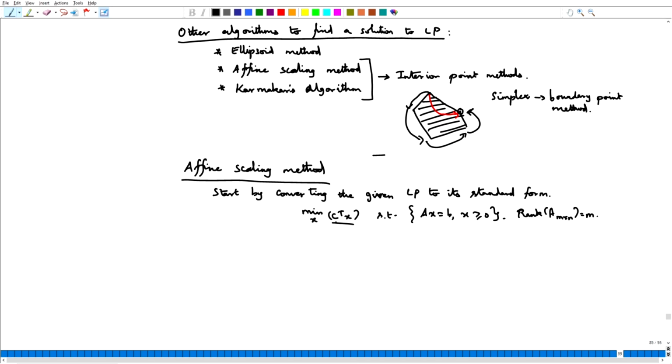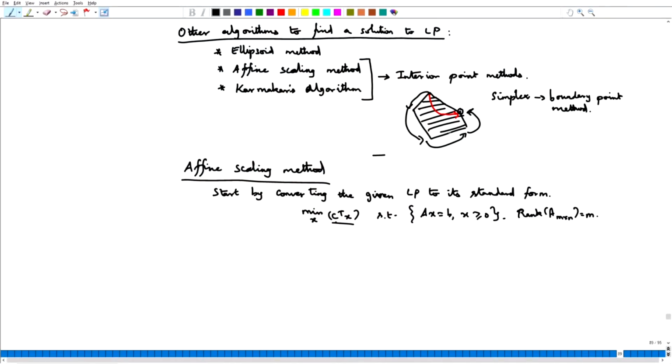Wait a minute. Okay. So, yeah, if it was that easy, it would not have taken so long, right. If you just blindly choose minus C, okay, you can actually end up going out of the feasible set, right.